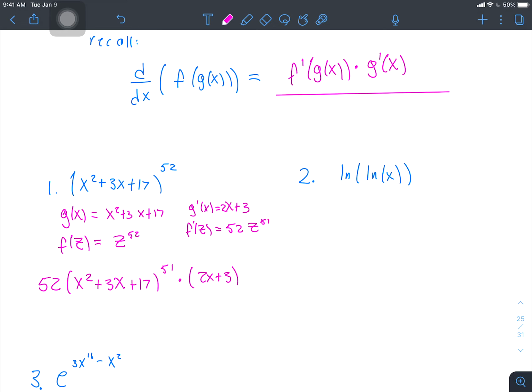Okay, so first step, I can tell I need to use the chain rule because I have a function inside of another function. Second step, I know that this is the formula for the chain rule. Third step, identify the inside and outside functions. Fourth step, take their derivatives. Fifth step, plug them into the formula. How do we feel about that? Is that one okay?